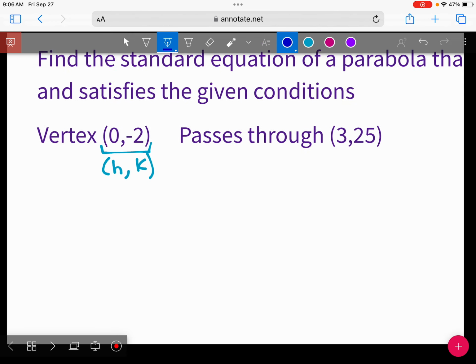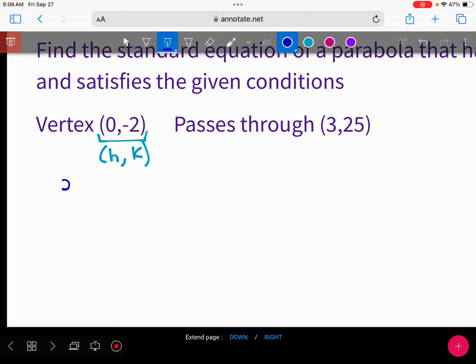And we're going to put this into our transformation form where we know our function is our a times x minus our h, so x minus 0 squared, plus k, plus negative 2, or just minus 2. That is also okay, but it's just substituting things in.